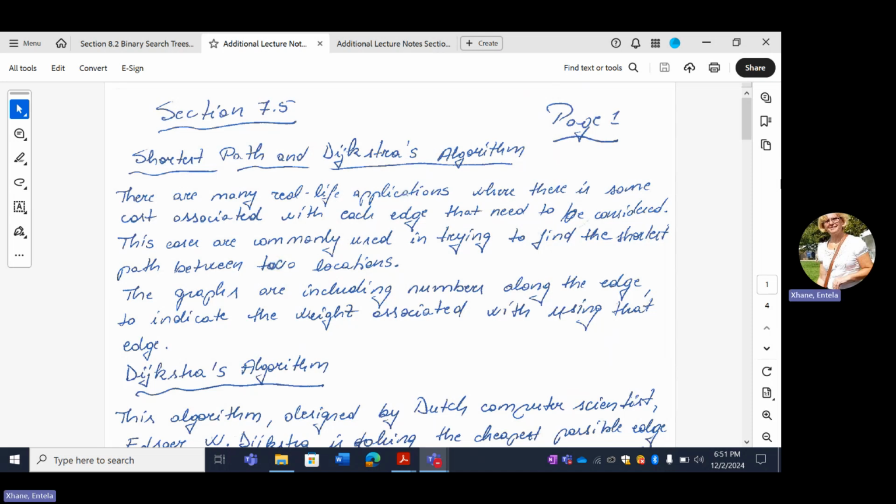This particular algorithm was created for the first time by a Dutch computer scientist, not mathematician. His first name is Edsger, this is how you pronounce it, and the last name is Dijkstra.